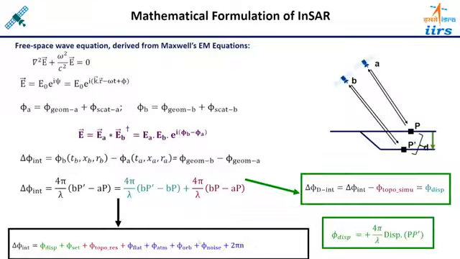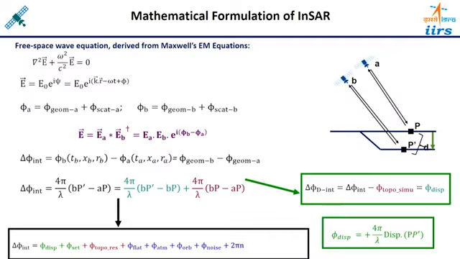So this equation is very important. The point is, if you are interested in deformation analysis, it means you are interested in the phi displacement, and the other phase components are not required for you. You can say those components are unwanted, or non-deforming phase components.